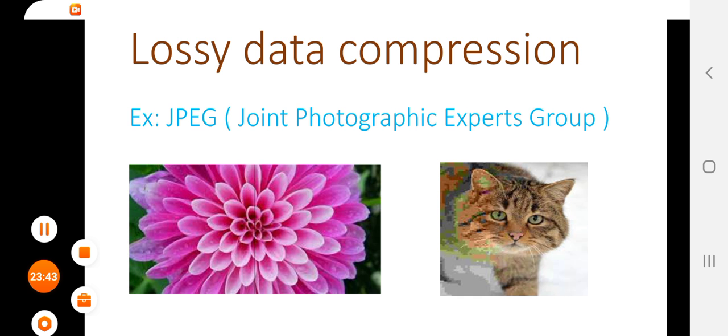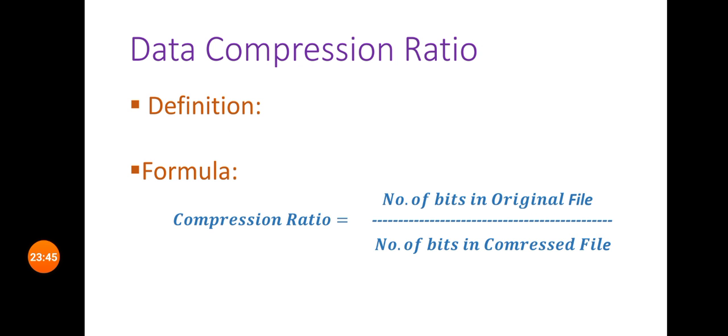Now move to the next topic, that is data compression ratio. So already we have seen data compression means what? Data compression means reducing the size of data, right? Data compression ratio is defined as the ratio of number of bits in the original file to the number of bits in the compressed file.